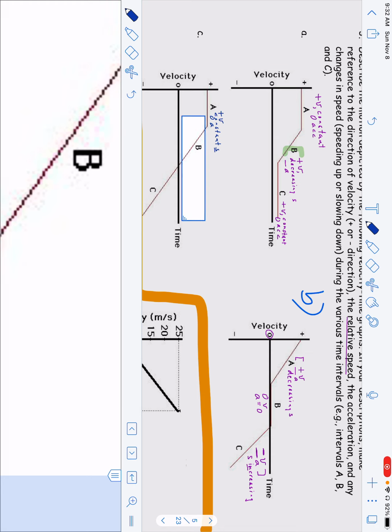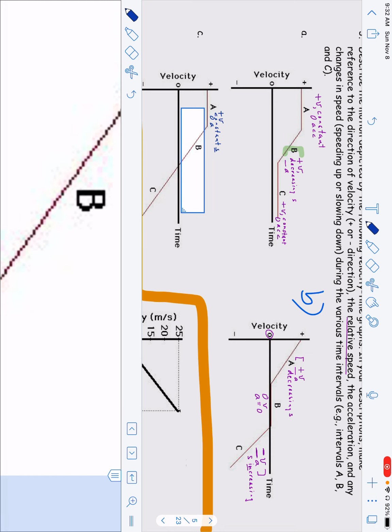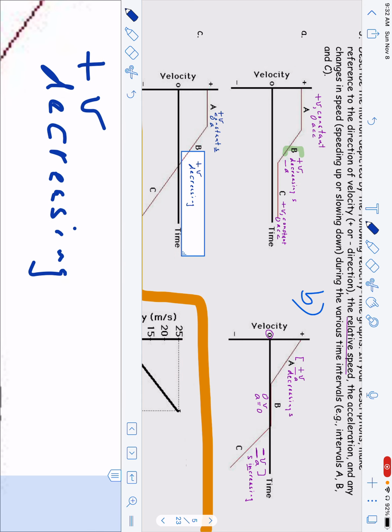Going to B, well, B is just like it was before. It's positive velocity in part A, but the speed is getting closer to zero. So it's decreasing speed. It's getting closer to the x-axis.